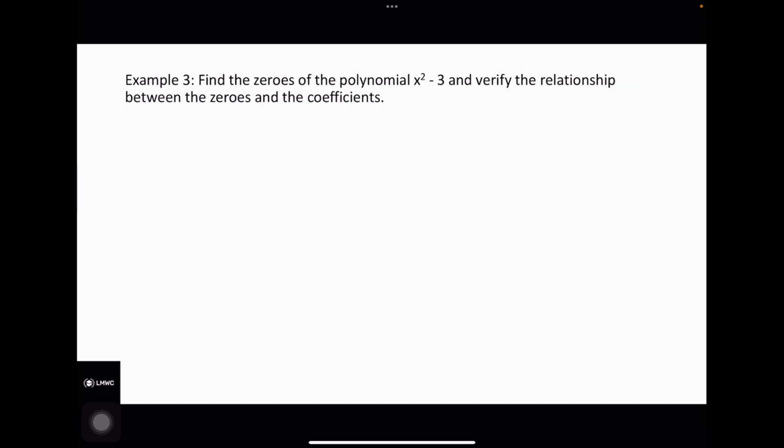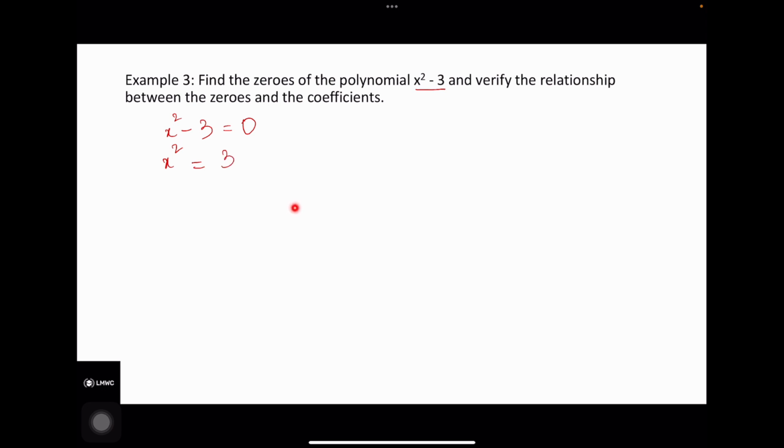So the next question: find the zeros of the polynomial x squared minus 3 and verify the relation between the zeros and the coefficients. So again, we have to do the same thing. We have to find the zeros of this. We are going to equate it with 0. For x squared, I'm going to take the negative 3 to the right hand side, which will change the sign to positive 3.